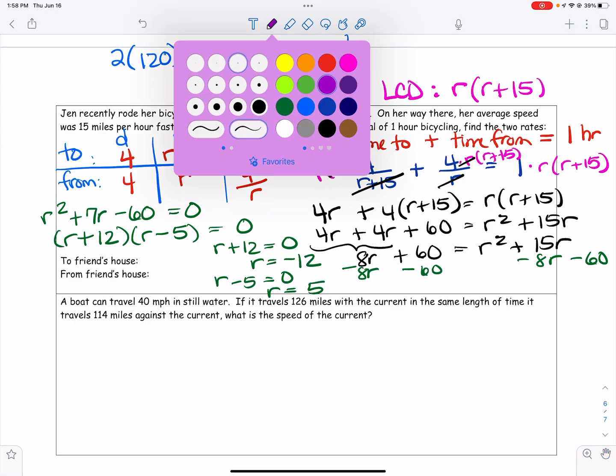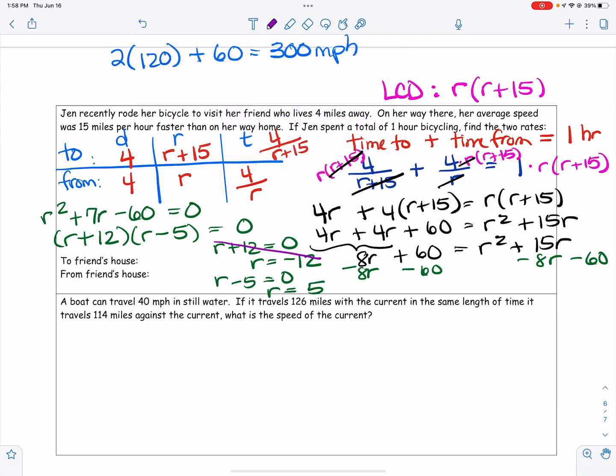And of course, we cannot have a negative speed. So going from her friend's house, she was riding 5 miles per hour. And going to her friend's house, she was riding 5 plus 15 or 20 miles per hour.